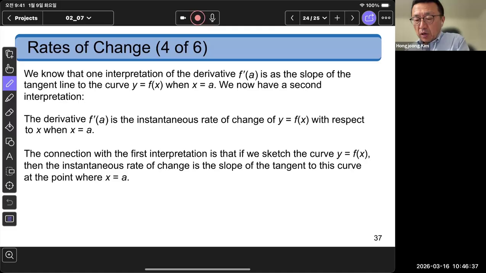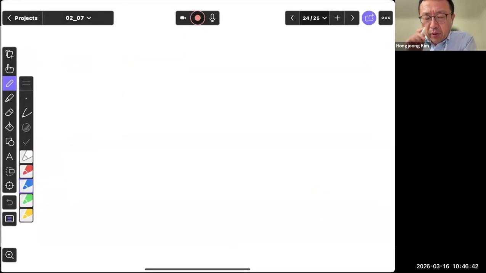Okay, so you need to understand all three.